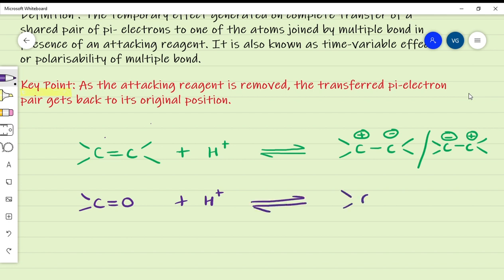Situation is like this. Here oxygen carries negative charge due to that electron pair, and carbon acquires positive charge. So what is the conclusion? If a multiple bond has a more electronegative atom, the shared electron pair from the pi bond always moves towards the more electronegative atom.